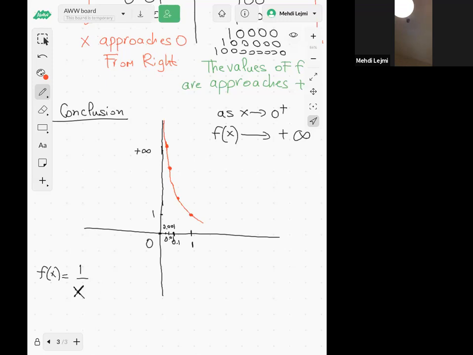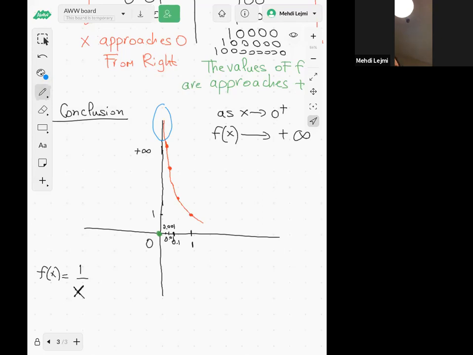But you have to keep in mind, guys, f of 0 is undefined, right? This is 0, here's 0. f of 0 is undefined. Which means that the graph, you see right here, doesn't touch the y-axis, because if the graph touched the y-axis, then f of 0 would be well defined.